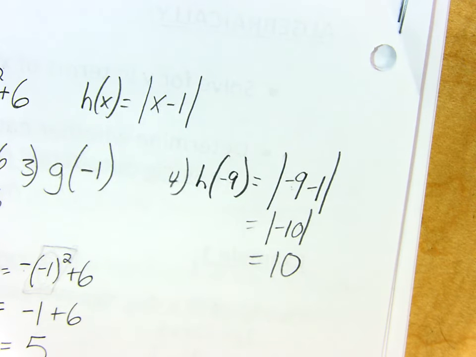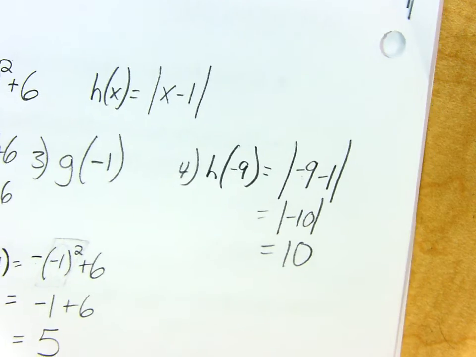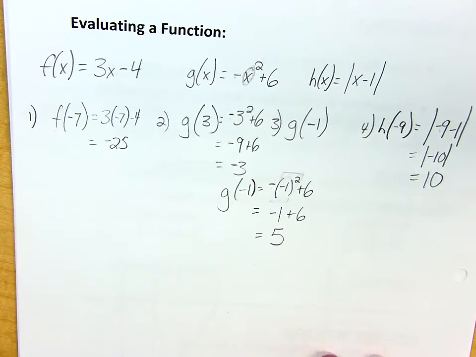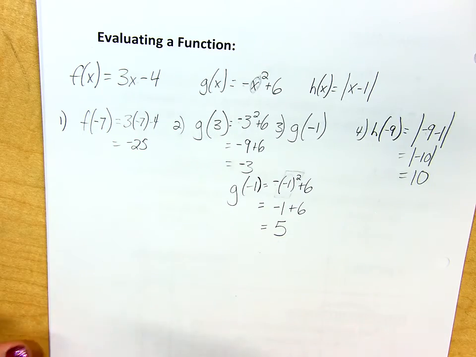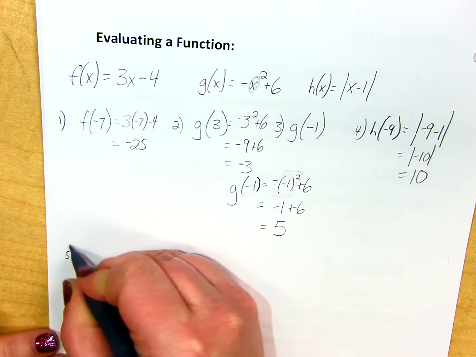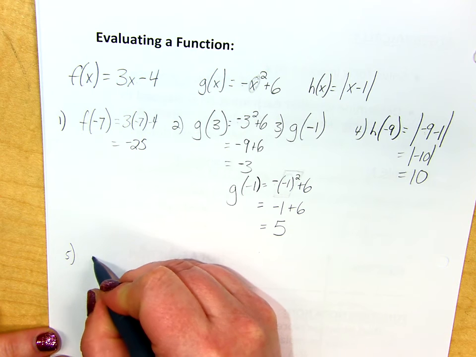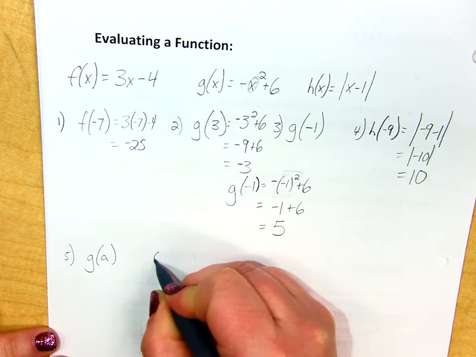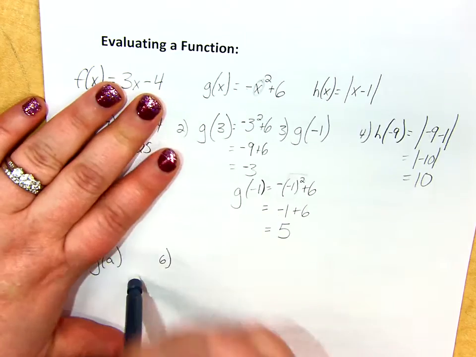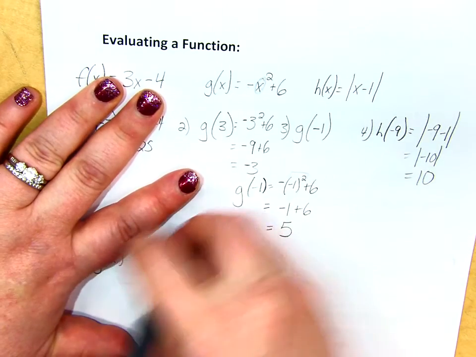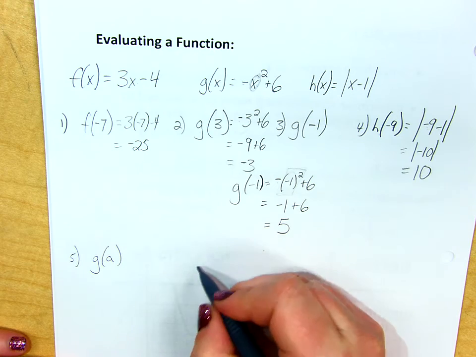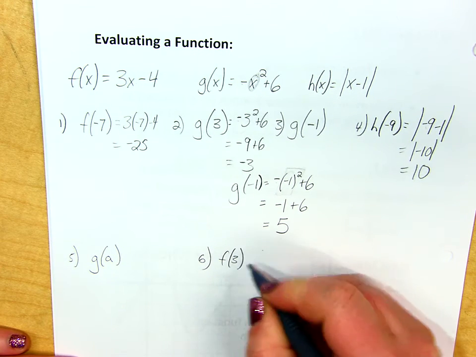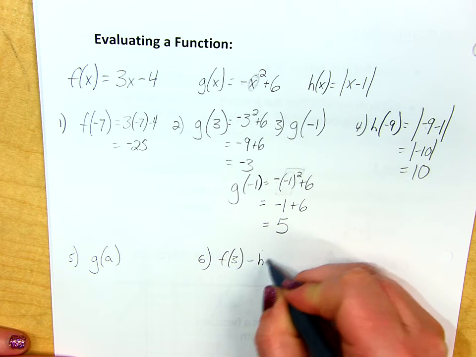Okay, let's add another layer to this. We'll stick with those same three functions, but now, what do you think g of a would be? I'll put a couple for you. Oh, let me leave more space. I should learn my lesson, right? Number 6: how about f of 3 minus h of 2?